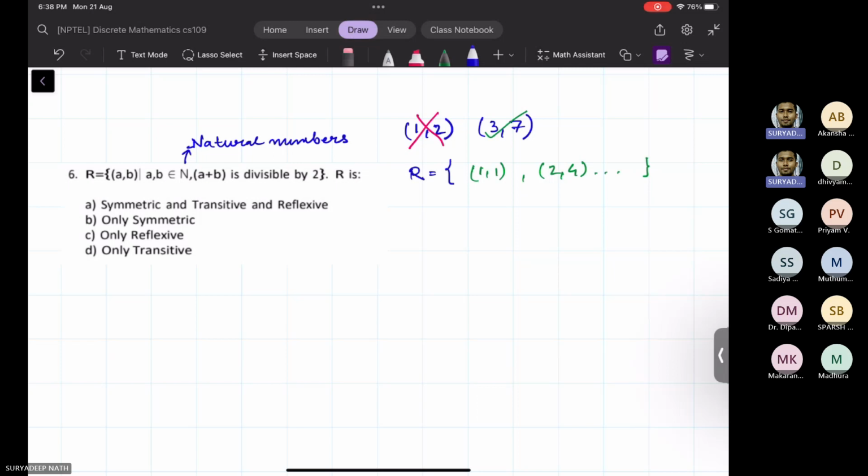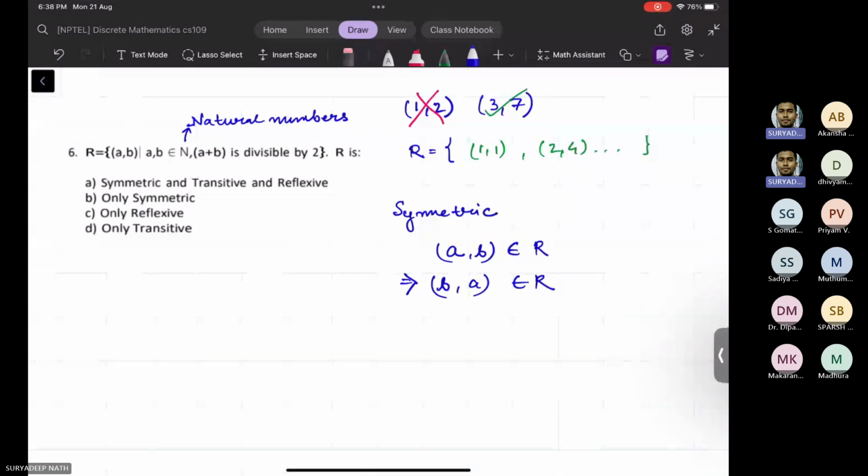Now let us look at whether this relationship is symmetric, reflexive, or transitive. Let us look at the symmetric part first. What do you think is meant by symmetric? If AB belongs to R, BA must also belong to R. So AB belongs to R implies BA belongs to R if it is symmetric. Does this hold true for this relationship?